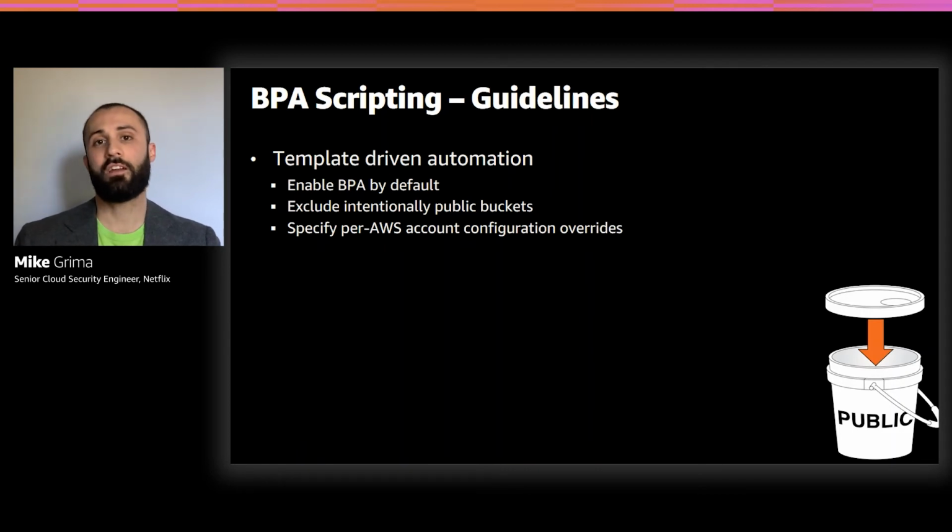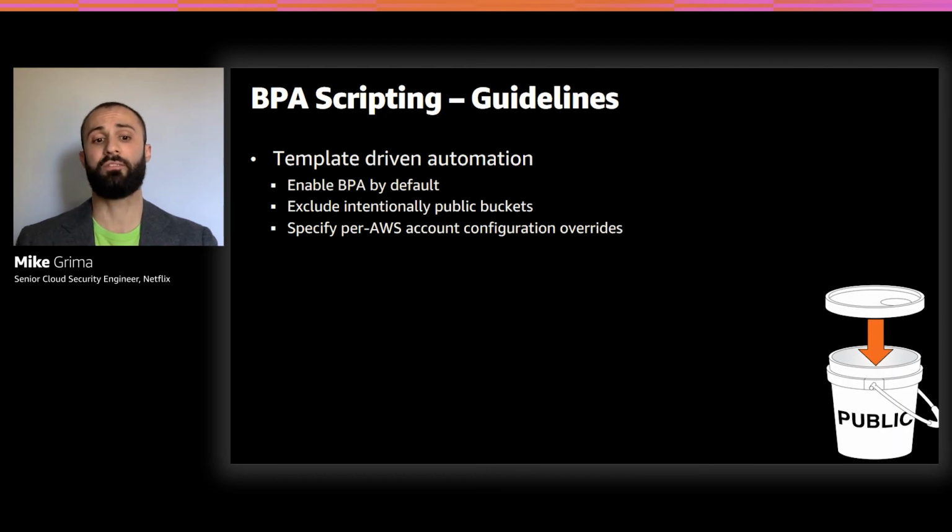You'd want to have that codified in a template, so you have one authoritative source of truth that tells you these are the buckets that are public, anyone that's not in this list is intentionally private, and it's enforced by your automation.